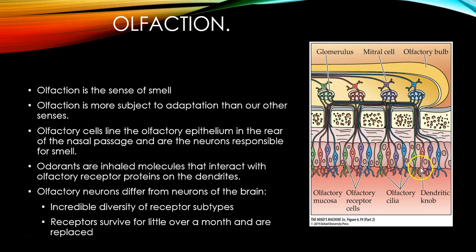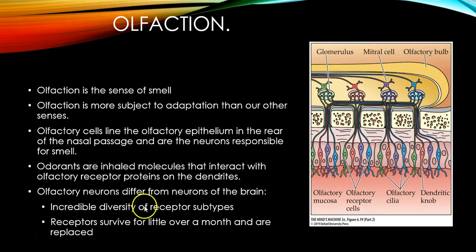Then they all come together in this dendritic knob. You've got your receptor cell here with the nucleus, and then sending the axons back into other parts of the brain.